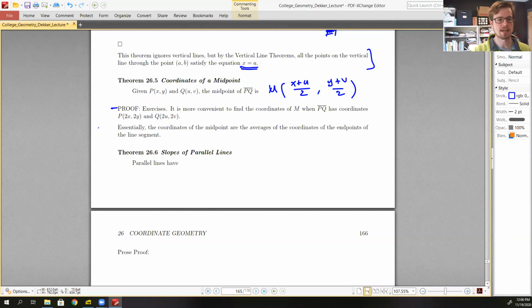Right, because I can write x as 2 times x divided by 2. So if I want a particular value for P, I just have to use essentially x over 2, so that way when I multiply it by 2, I get back x. So if I want a particular value, I divide that particular value by 2. Of course, nothing surprising about that.